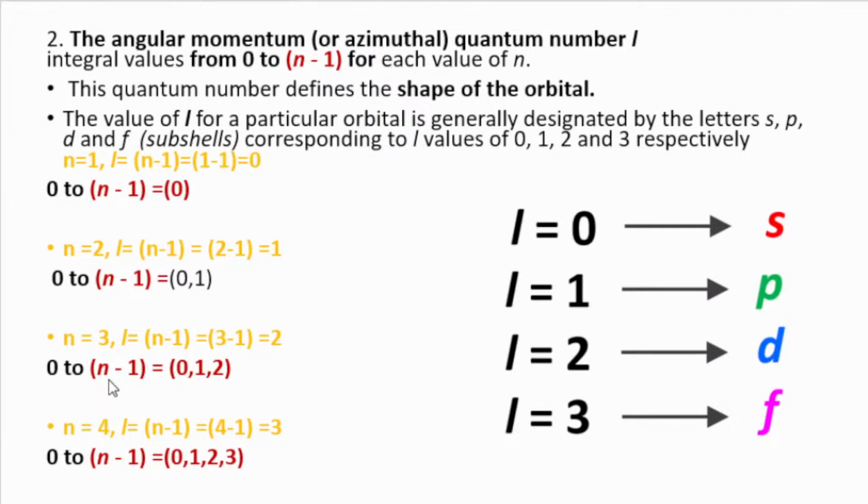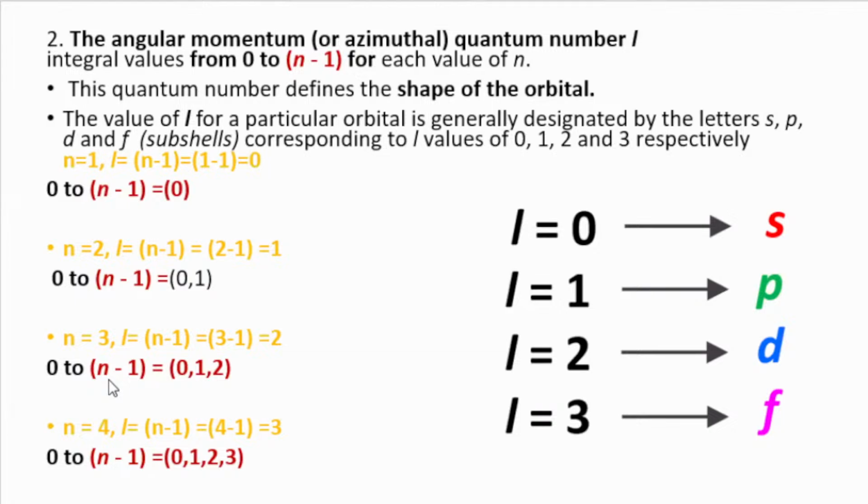Subshells means S, P, D, F. Inside a subshell there are further orbitals. The S subshell contains 1 orbital as S. The P subshell contains 3 orbitals as Px, Py, Pz.